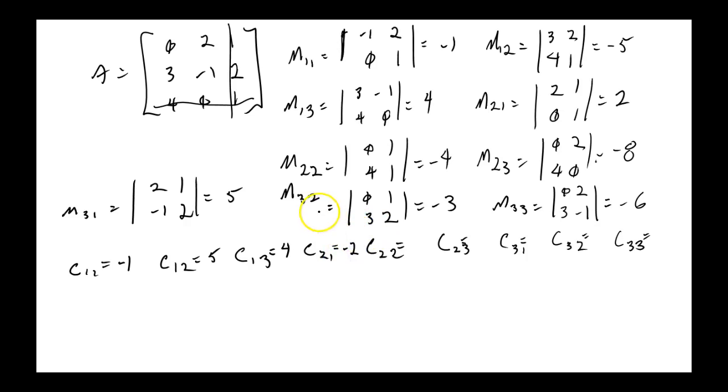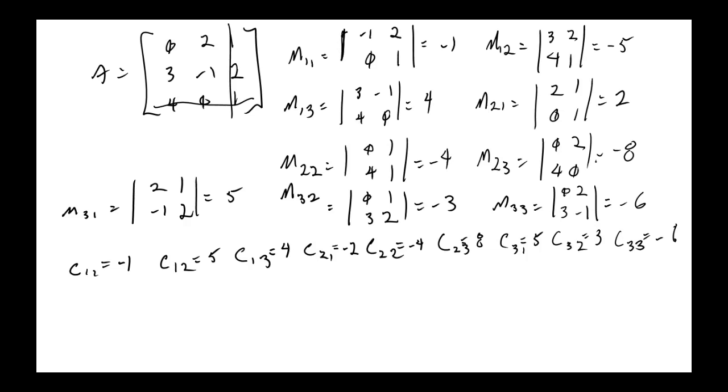Negative 2. C22? Negative 4. C23? 8. C31? 5. C32? 3. And C33? Negative 6. You don't change the sign of that one because the sum of those is even.